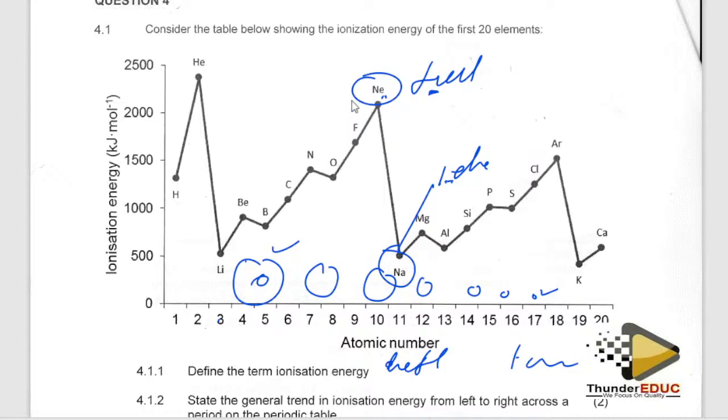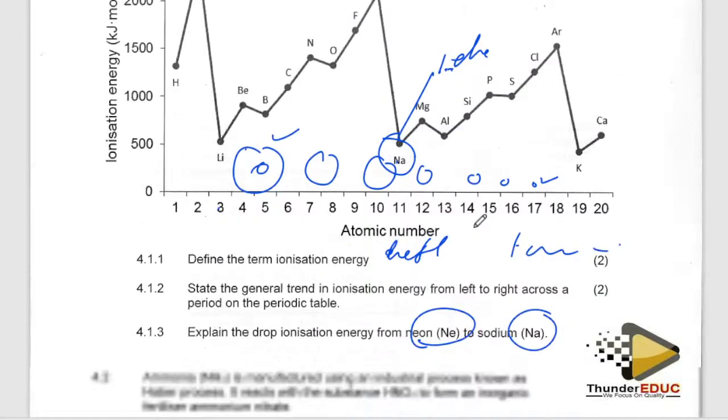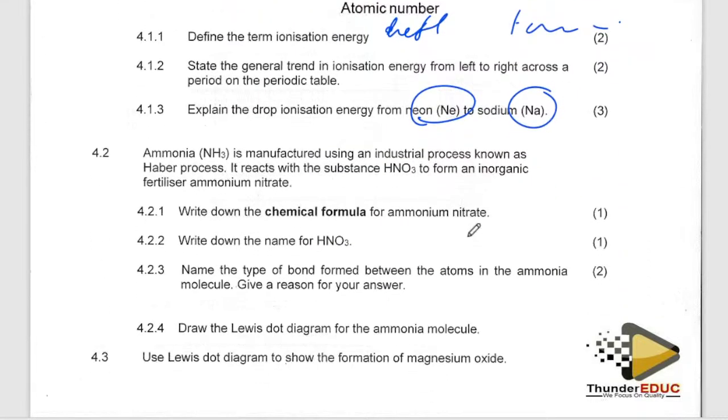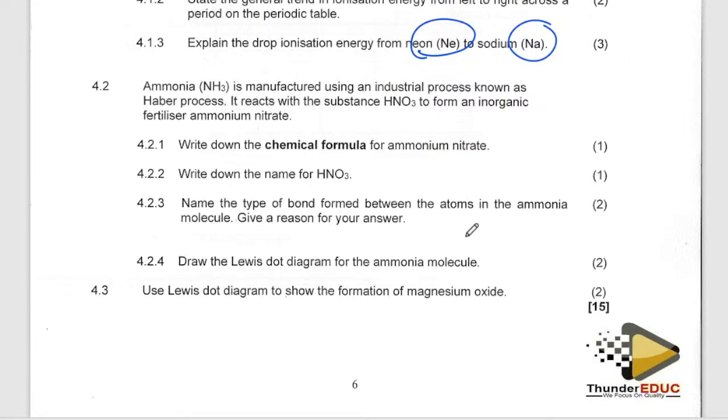That's why the ionization energy here is higher than here. Neon is a noble gas. These are the kings and queens of the elements. All elements react so that they can become like the noble gases, the group 8 elements, so that they are stable enough. Let's go to the next question.